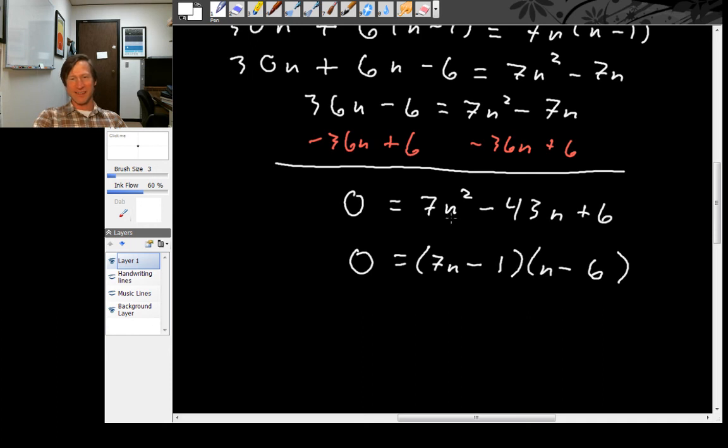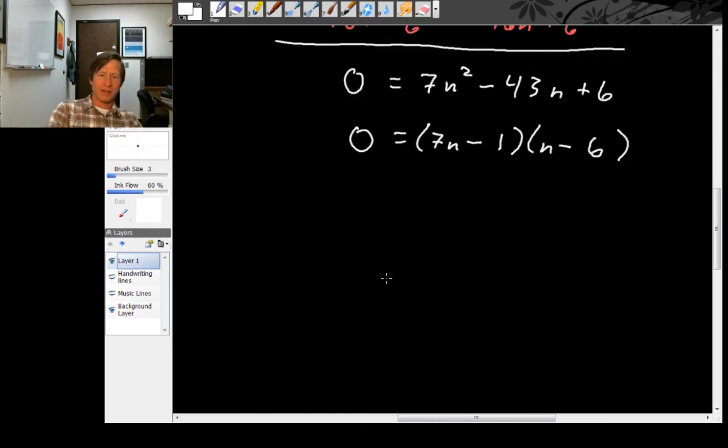7n times n is 7n squared, and then 7n times negative 6 is negative 42, and then 1 times n, one more negative n, so that's negative 43n, and then negative 1 times negative 6 is plus 6. So this is how that factors. And now we can use the zero product property.